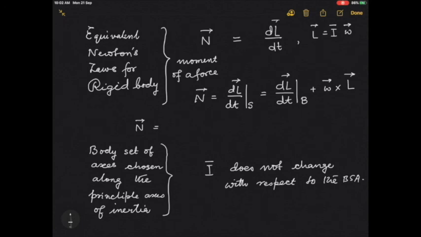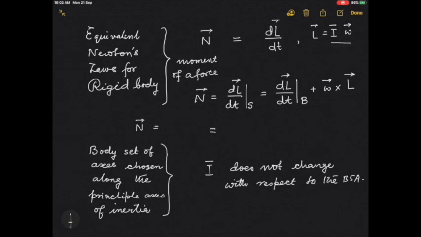Well, it doesn't change because I has the information about how the mass is distributed in the rigid body. Like capital M is the total mass, I is how it is distributed in the rigid body, and because the body is rigid, it cannot change.